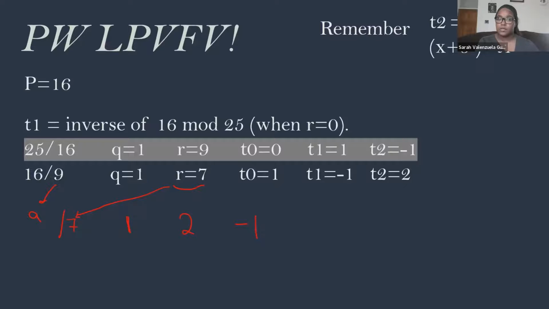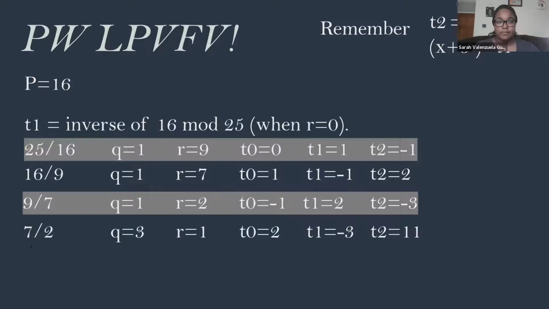So this is -1, and this one turns into 2. And with T2, we now have -1 minus 1 times 2. This is equal to -3. So this is the new value of our T2. But again, our remainder is not 0, so we have to keep going.